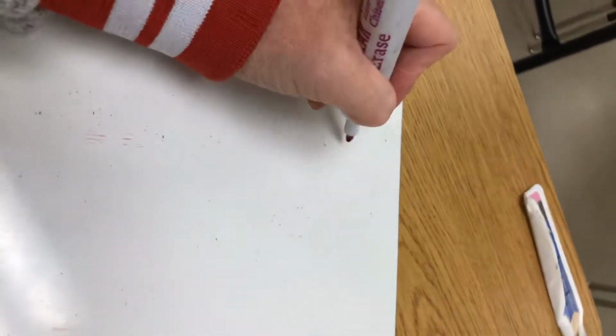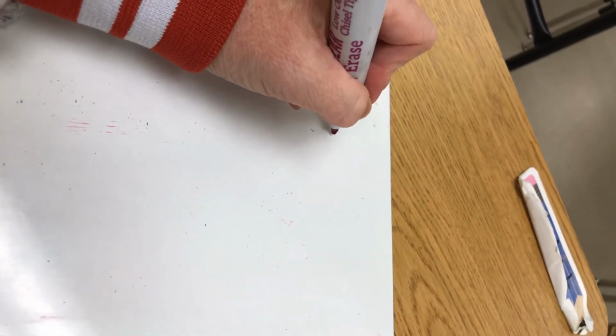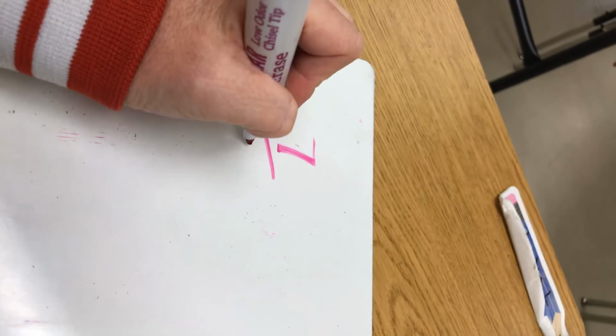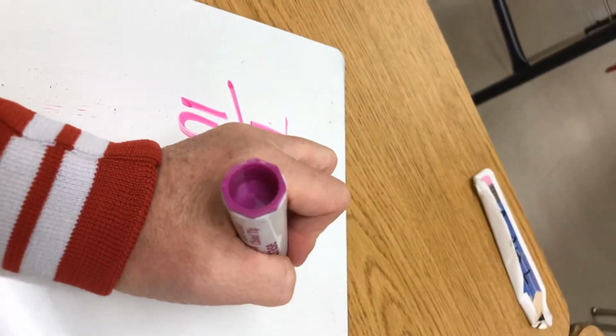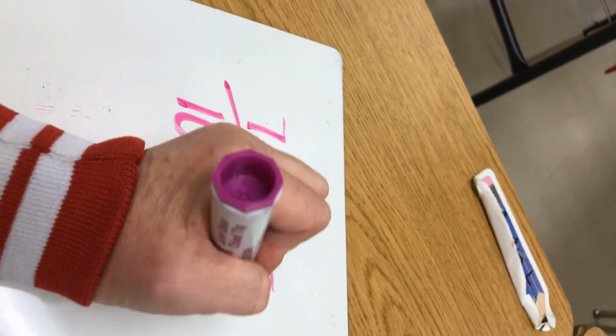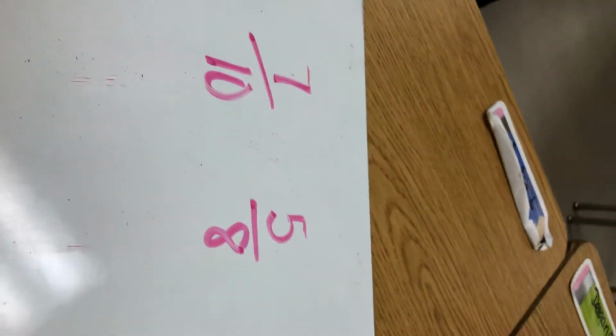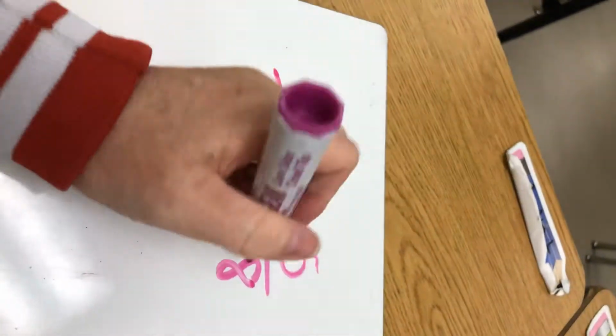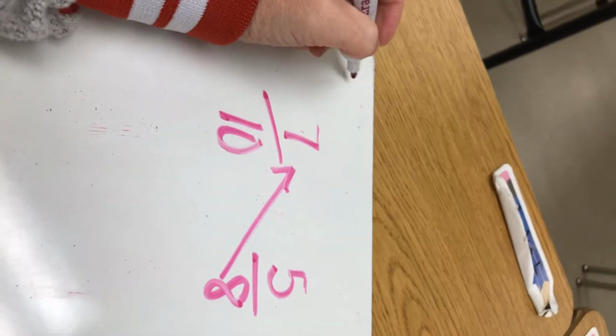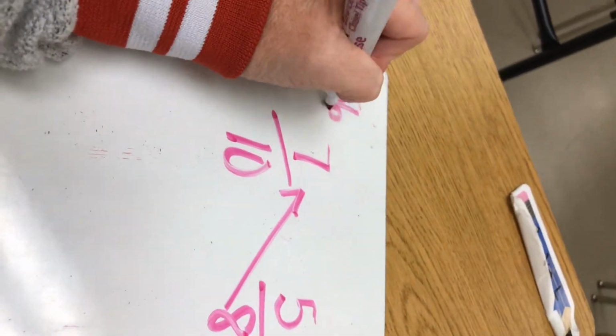Okay, so let's try another one. Let's do 7/10 and compare that to 5/8. Oh, goodness, I must have 8. You know how I do that when I get a number stuck in my head. Okay, so we're going to go this way, and that's going to be 56.